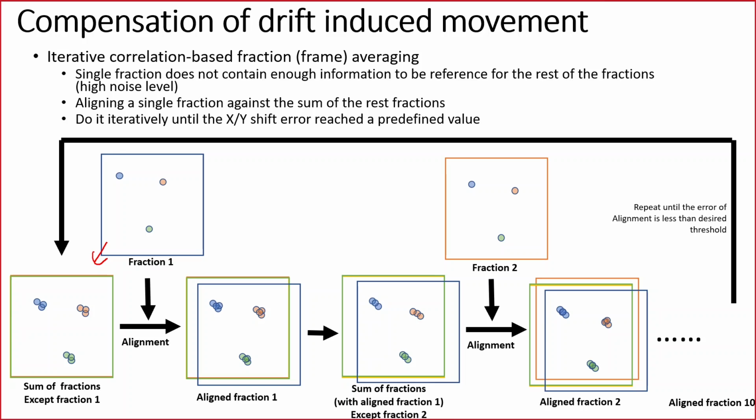So we need to define some borderline when the movement of the fractions or the error of the alignment reaches some value. Sometimes this is very tricky. Also, there is always a kind of fail-safe where we say don't do more than 5 iterations of this alignment. This way, we can align our fractions much better and much more precisely.